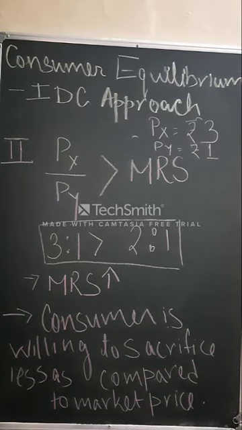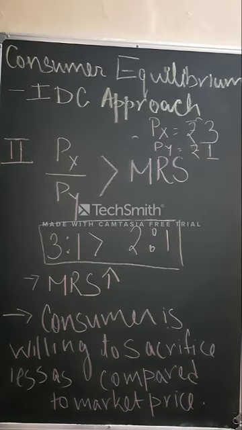That means अब एक consumer को एक unit x को consume करने के लिए उसको 2 unit sacrifice करना है, जबकि हमें उसको increase करना है 3:1 में. That means अब उसको x का जो satisfaction level है वो कम हो गया है.